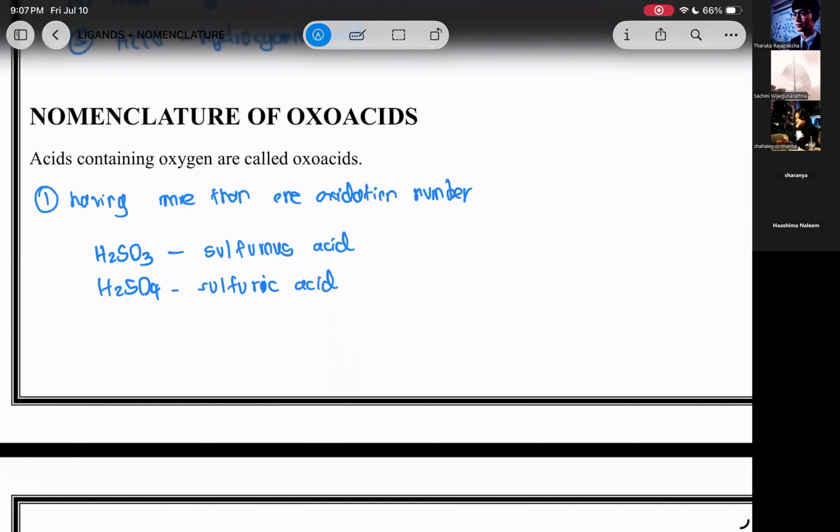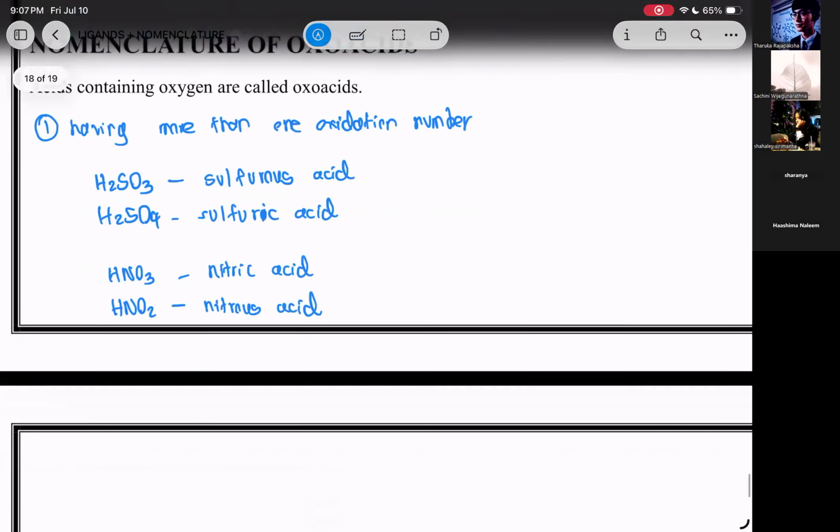Then HNO3, HNO2. Nitrous acid, nitric acid.